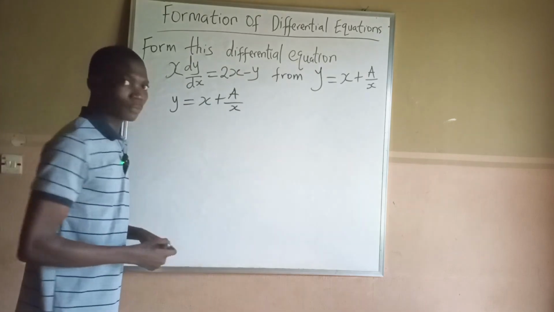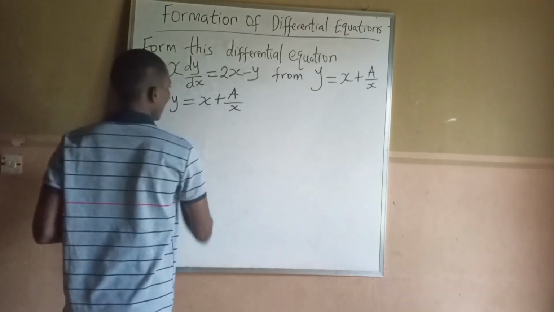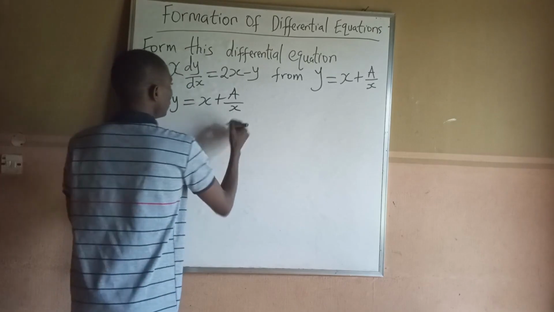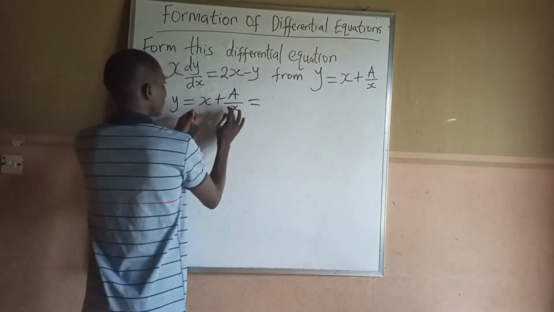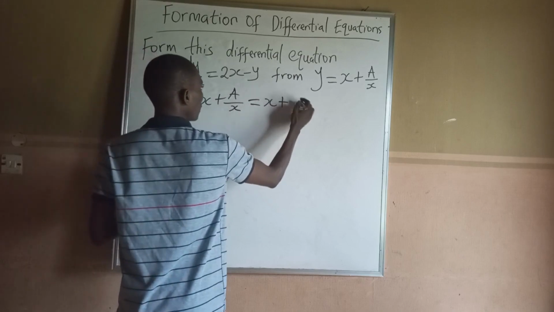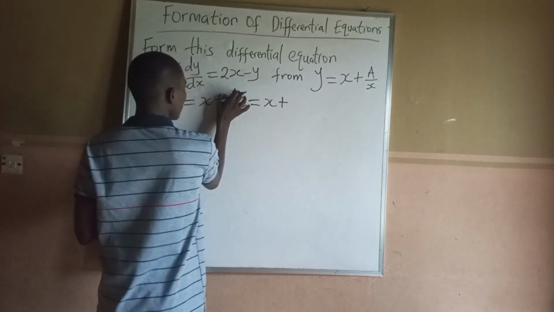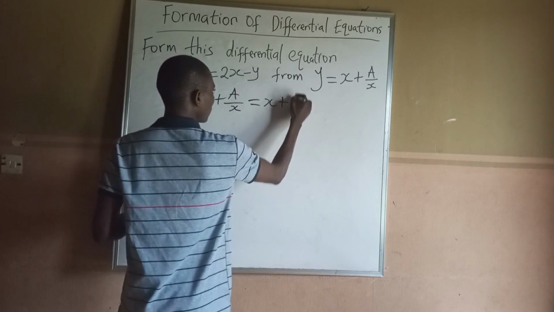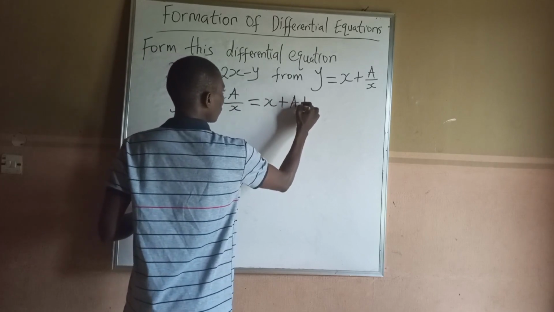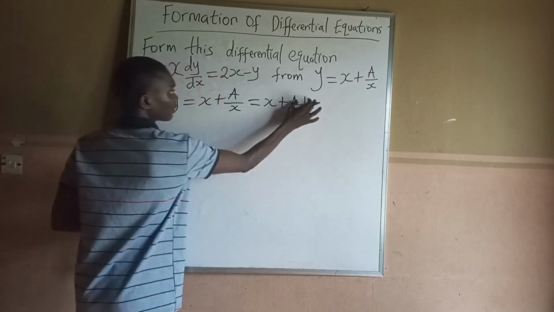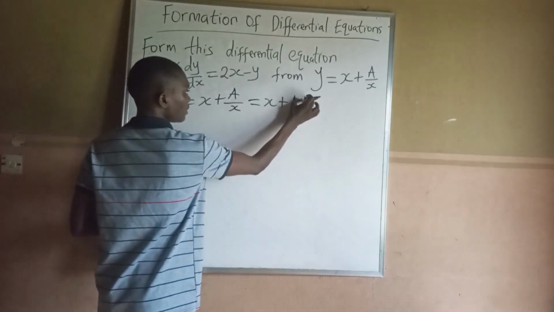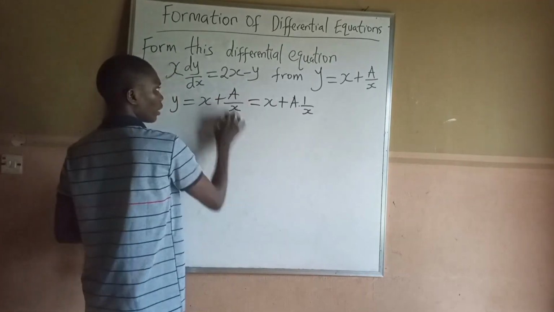So how are we going to do that? All right. I will have to rearrange this. What is here is the same thing as x plus a times 1 over x. You know that this and this are the same thing, because 1 times a will still give me a over x.